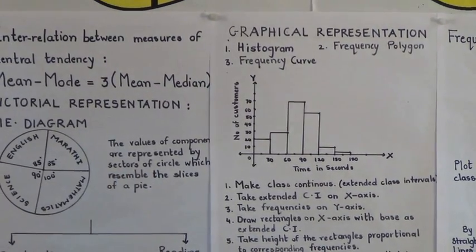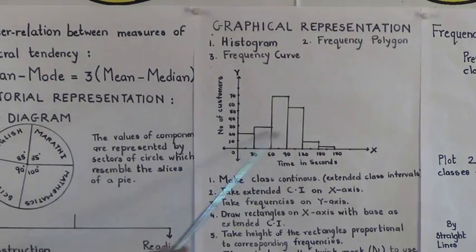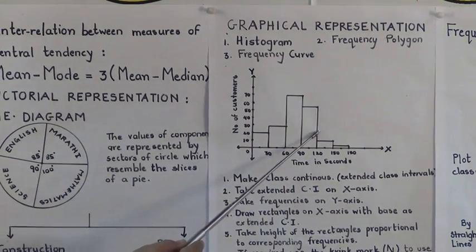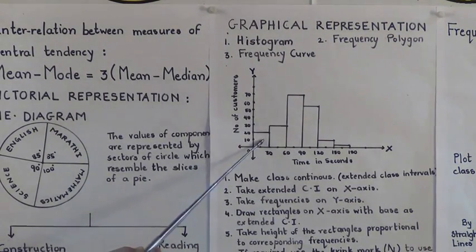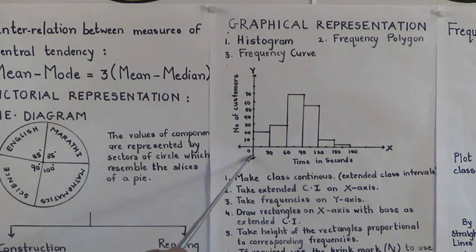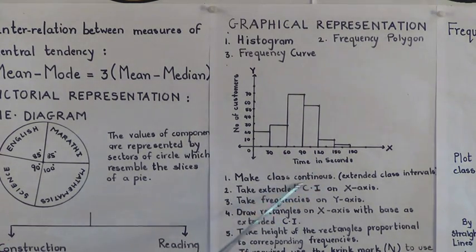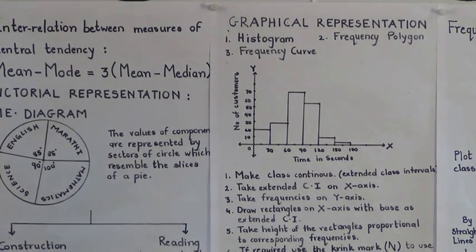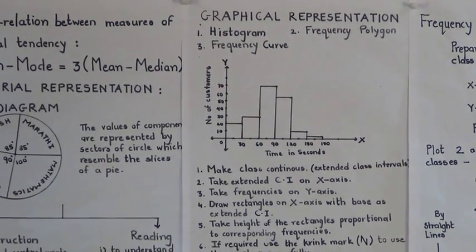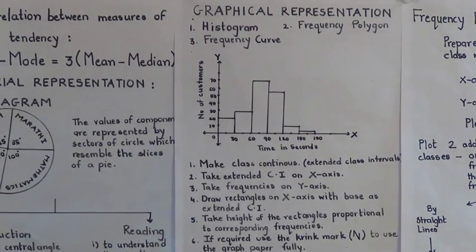When we come to the first part, that is the histogram, you would find that the graph is in the form of a joint bar diagram, but here the horizontal or vertical bars are attached to the axis and each is joined to the other, which means that the classes are continuous. If a sum is given where the classes are discontinuous, you have to always remember to make the classes continuous and then start plotting a histogram.